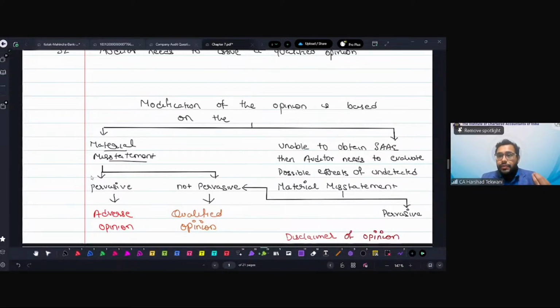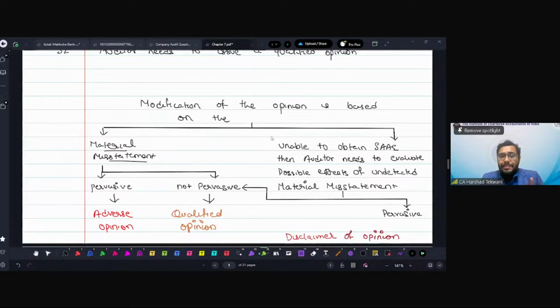If the entity is not a going concern, and it is very difficult for the entity to use the going concern basis of accounting, and they still use it, their disclosures are incorrect, and it will impact the fundamental user understanding of the financial statement. In those scenarios, I would say that the misstatement is not only material but pervasive, and I will directly issue an adverse opinion. So material and pervasive, adverse opinion.